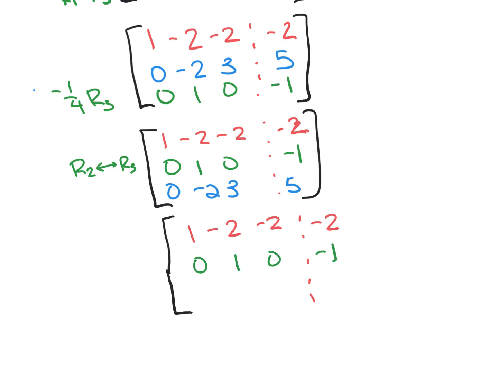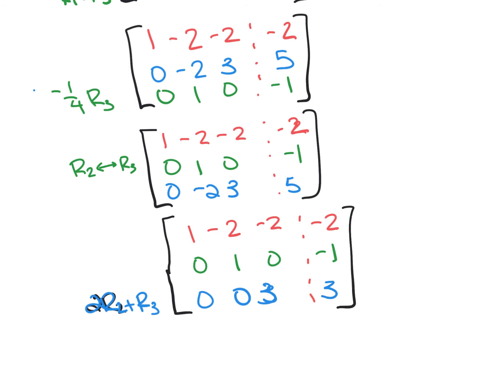But the third row, I'm going to multiply 2R2 plus R3. 2 times 0 is 0 plus 0 is 0. 2 times 1 is 2 plus a negative 2 is 0. 2 times 0 is 0 plus 3 is 3. And then 2 times negative 1 is a negative 2 plus 5 is a positive 3.